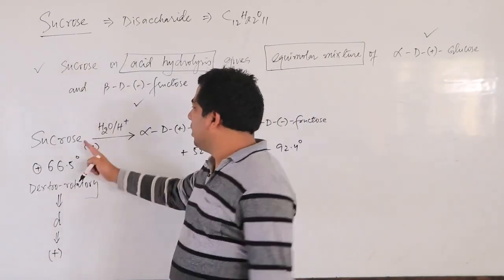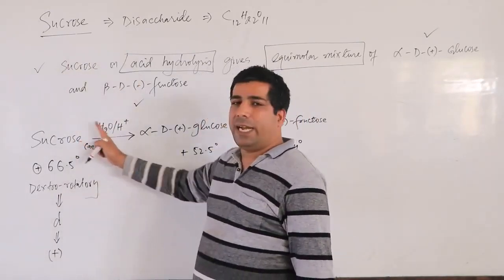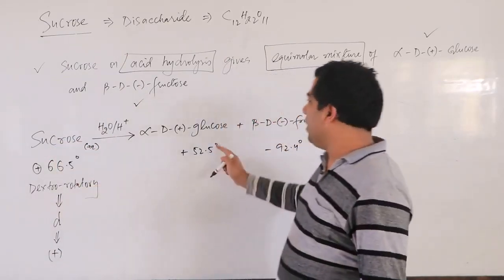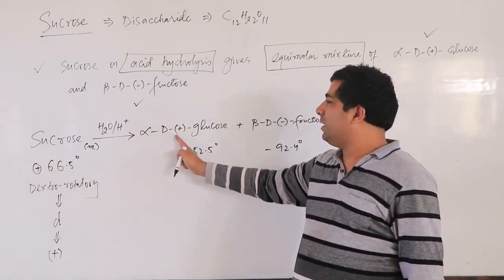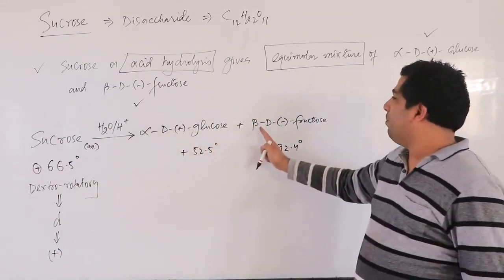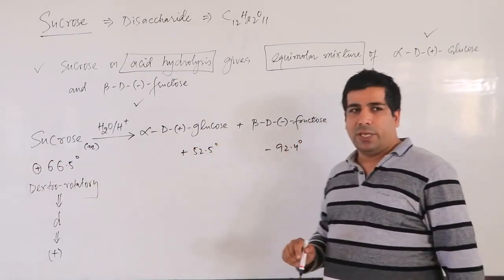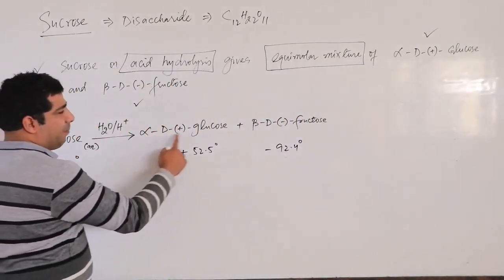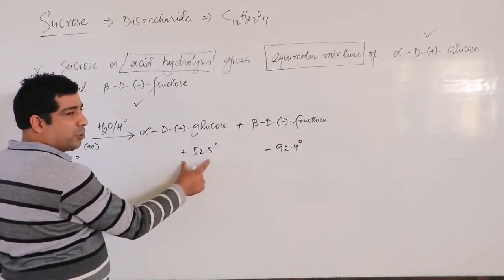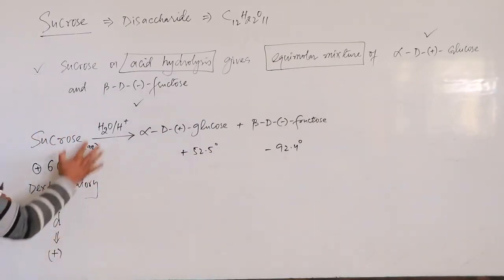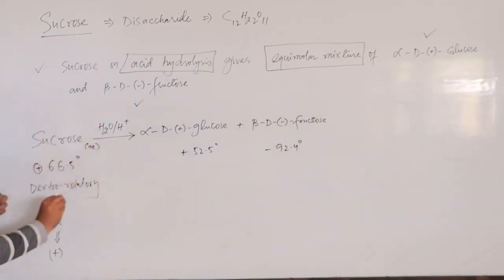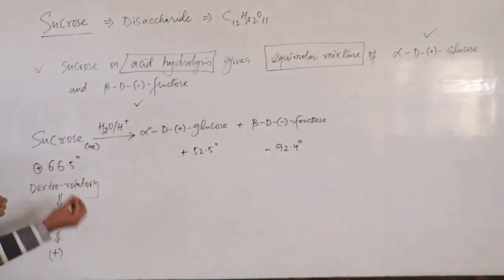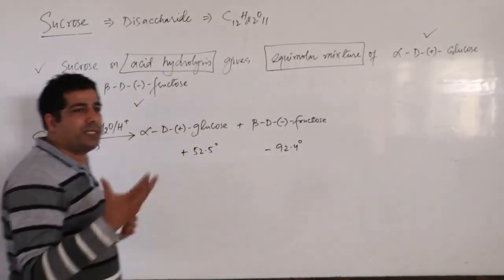But once you do acid hydrolysis of sucrose, it will break into an equimolar mixture of alpha-D plus glucose and beta-D minus fructose. So what is happening right out here? You can see alpha-D plus glucose can also rotate. First of all, you are taking the solution of sucrose, and it has been observed that the solution of sucrose can rotate the light in the clockwise direction.